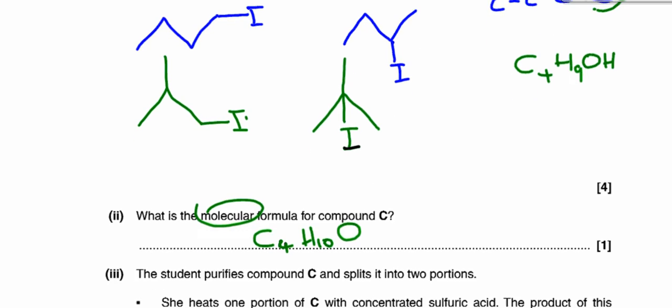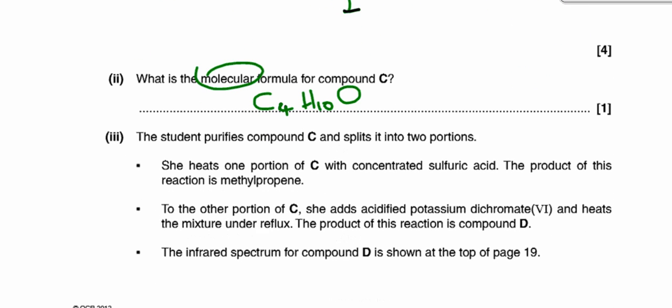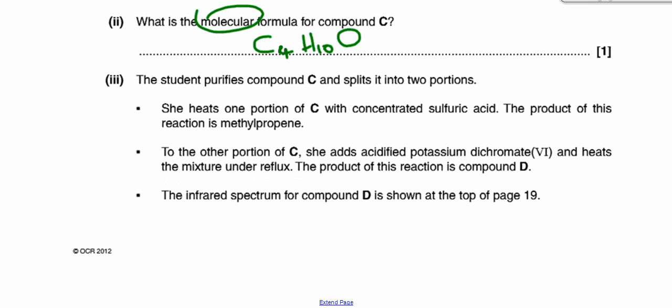So let's get some more information about what the student is going to do. So the student purifies compound C and splits it into two portions. And I'm going to try and draw this out. I think there's a bit of a flow diagram at the bottom here. I've not got much room. What we've got then, we've got starting, we've got B. Let's do it up here.